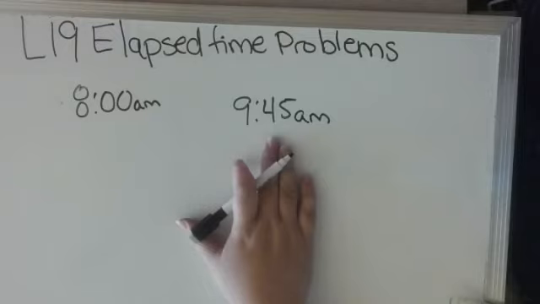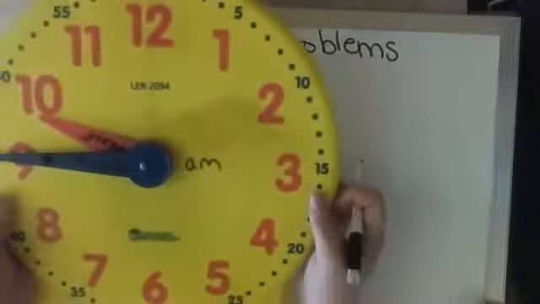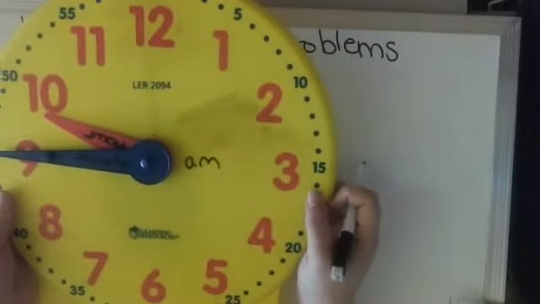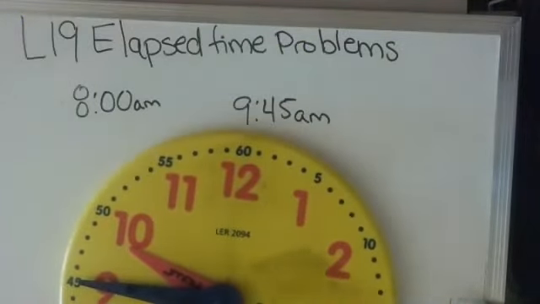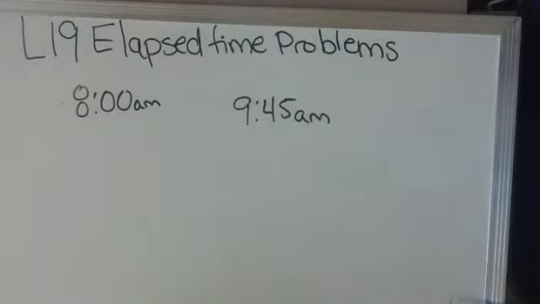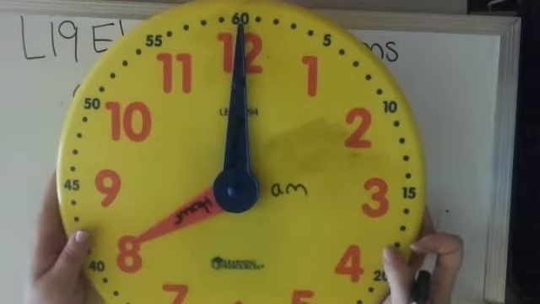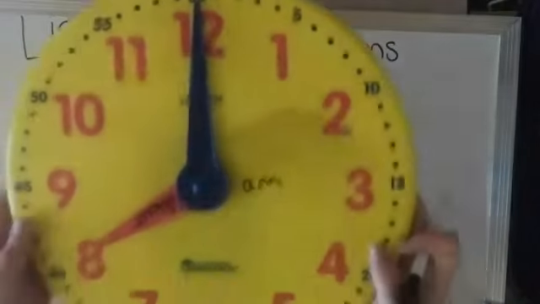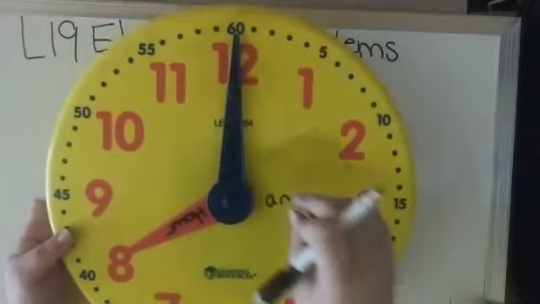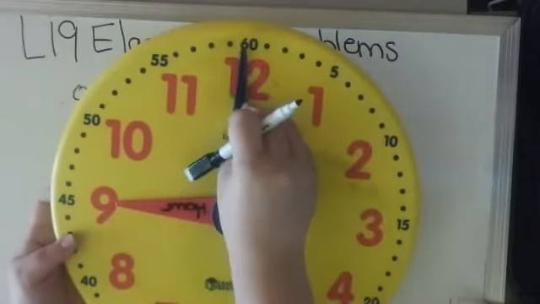There are a couple of different ways we can do this. We can do it using our clock, and I can just count. I'm going to go back to 8 o'clock, and I can count by fives until I get to 9:45. For example, 8 o'clock to 9 o'clock is 1 hour.